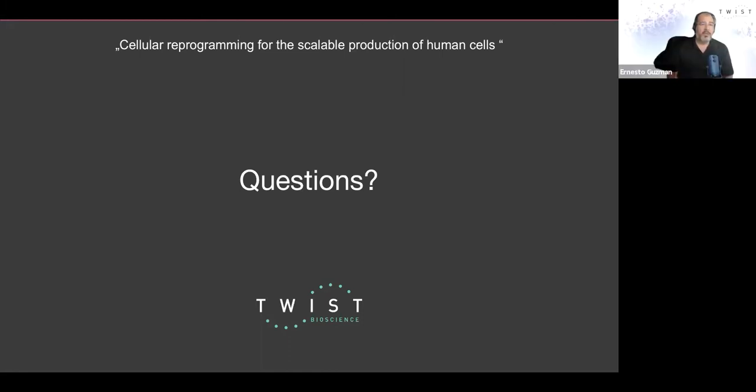Does your platform alleviate the need for growth factors during the differentiation process? That's a really good question. What I would say is that it certainly allows the simplification of the extrinsic signals, so the media components. However, at the moment, there is still a need for some extrinsic cues.